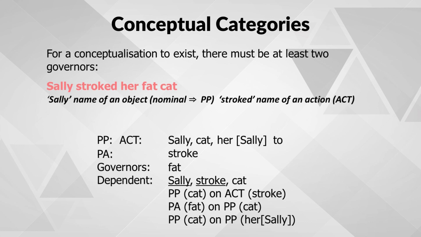In the sentence, Shelley stroked her fat cat, the word Shelley representing an object and stroked representing an action are the governors. Shelley serves as the name of the object, while stroked denotes the action. The interaction between these governors constructs the idea of Shelley performing the action of stroking her fat cat.